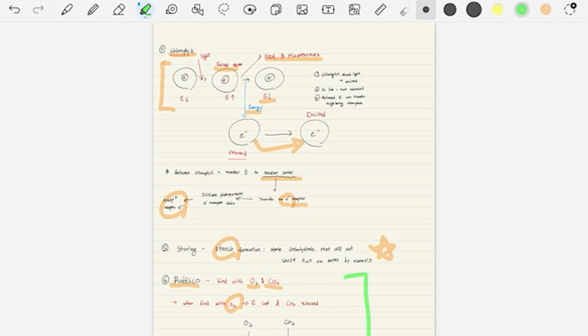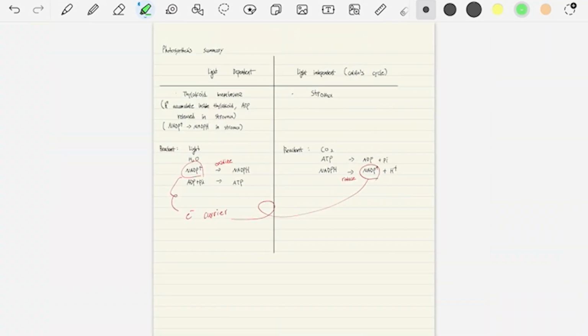And when you study rubisco, the most simple way to remember is that rubisco catalyzes the first step of the Calvin cycle. That's all you need to know.